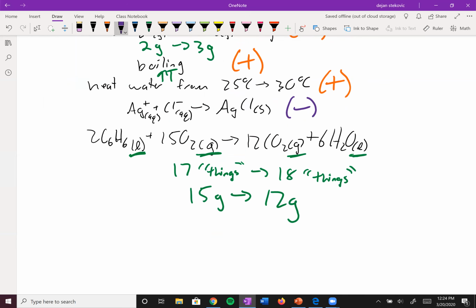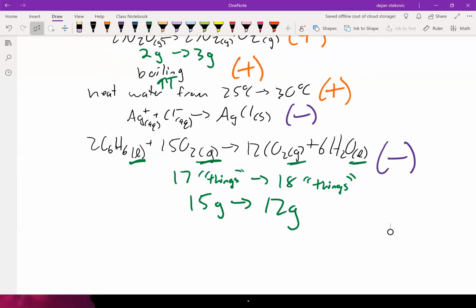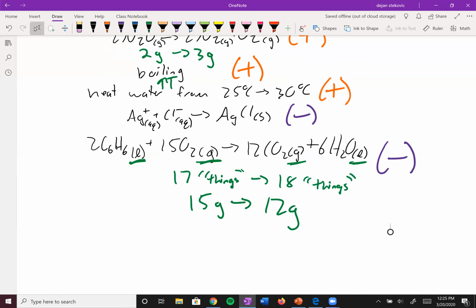So at the end of the day, this will actually have a negative amount of entropy. It will lose entropy because your system is becoming more ordered, because you are losing the most disordered thing, which is the gas. So take a look at your homework. For some more examples, I'll do a video homework thing with more examples. Get comfortable with it. It's not too bad.